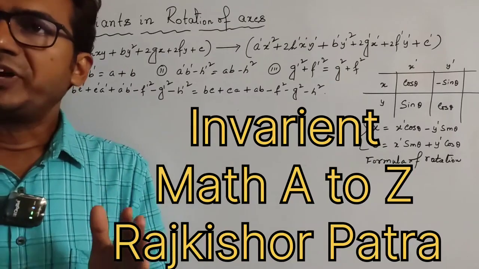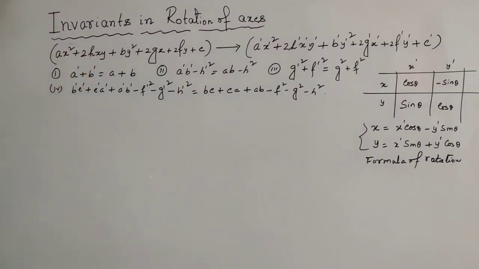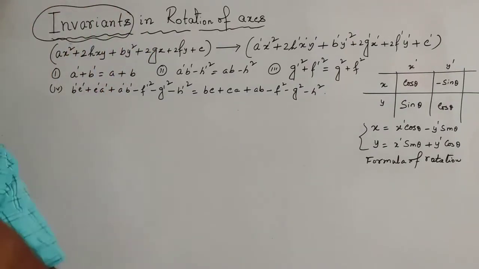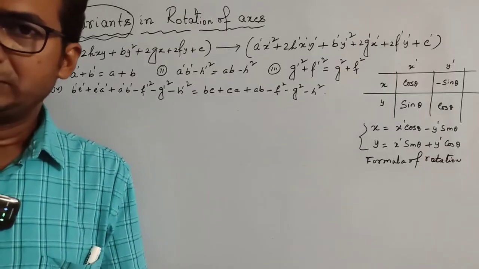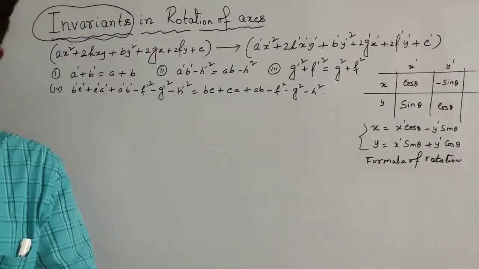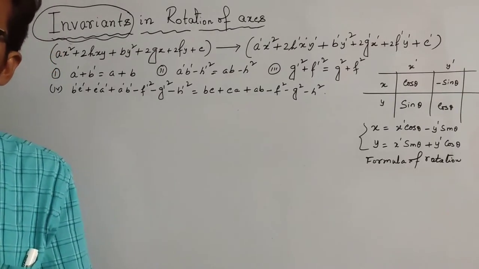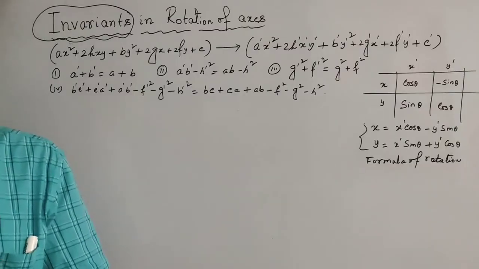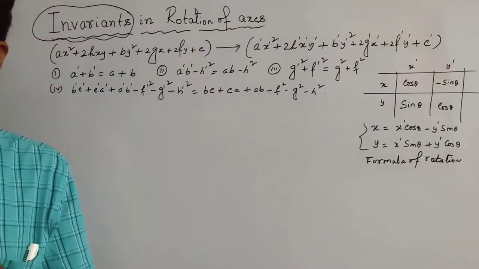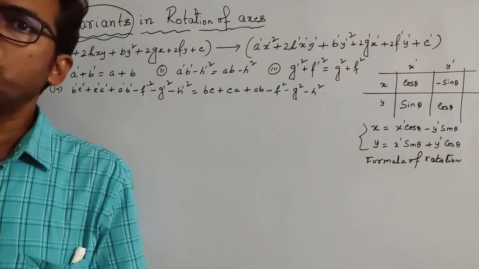And this is a very important word of this chapter: invariant. Some quantities or expressions which are unchanged after the transformation of coordinate axis, like rigid motion, like rotation, like translation, are known as invariant after coordinate axis transformation.